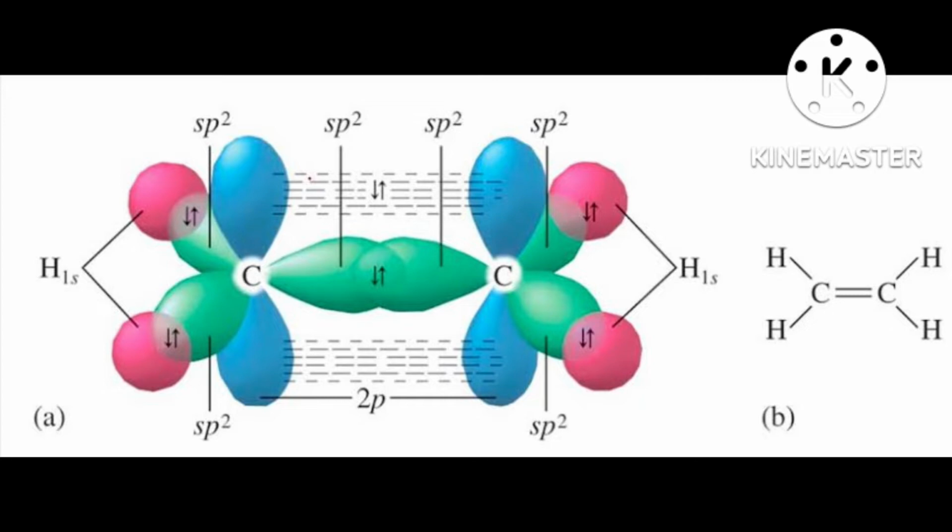Orbitals forming a bond should have the same sign, meaning the same phase, and the same orientation in space. This is called positive overlap.